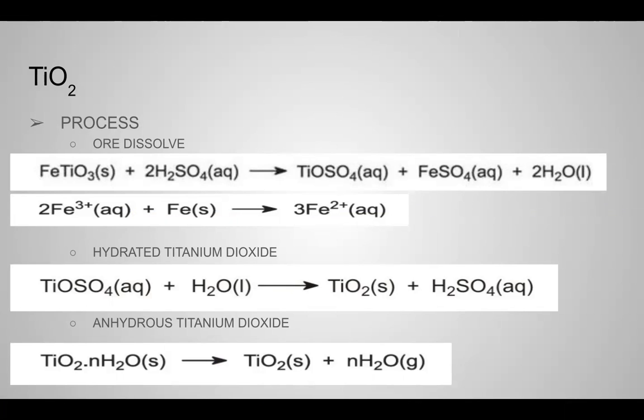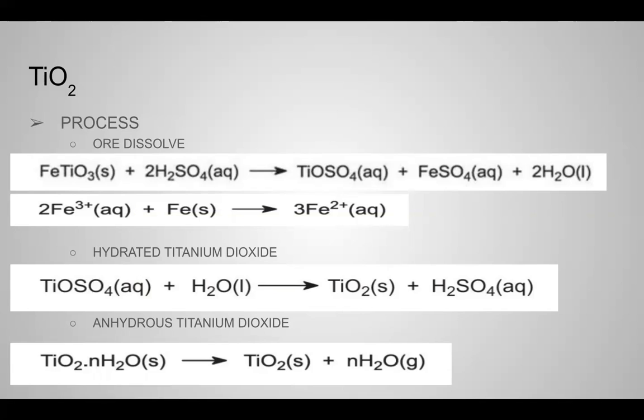So titanium dioxide is a compound that is not normally found. It has to be made through a process called the sulfate process. The sulfate process has three main steps. The first one is called dissolve ore. Pretty much in this process, they take iron titanium oxide, as seen in this equation here, and dissolve it in sulfuric acid to form a mixture of sulfates.